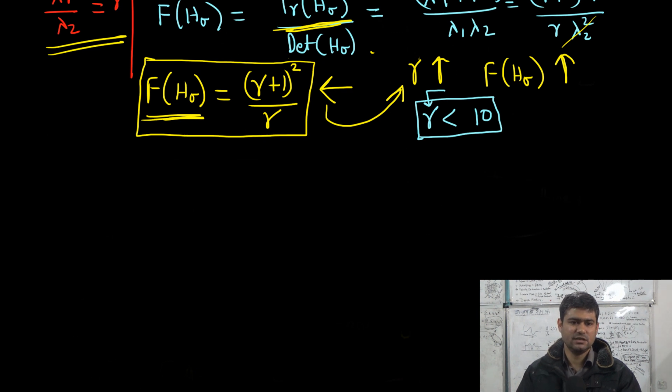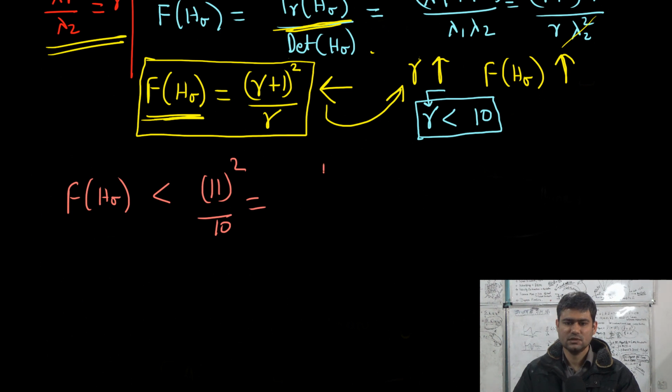Which means that the function f of H sigma should be less than or equal to 11 squared over 10, which is 12.1.